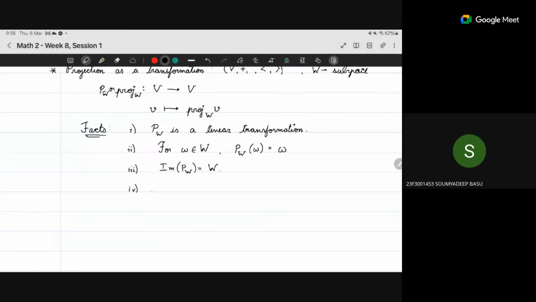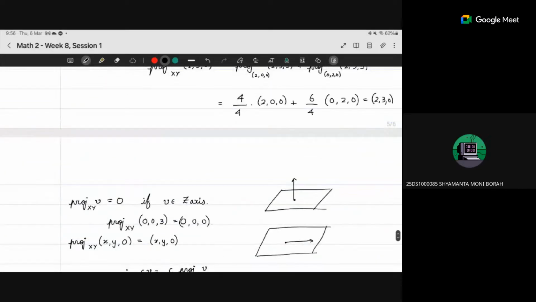What is the other space that is associated to this? This P_W you have mentioned is a linear transformation, a projection, right? Yes. Here we discussed projection of a single vector onto a given subspace.